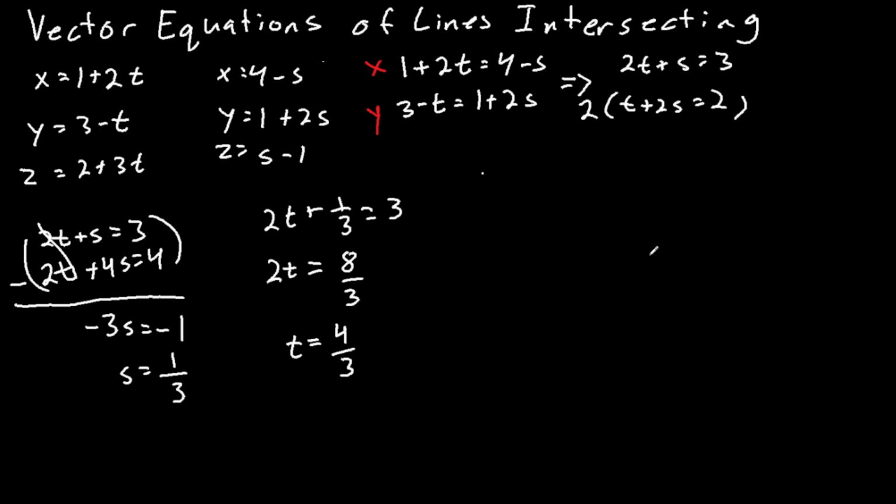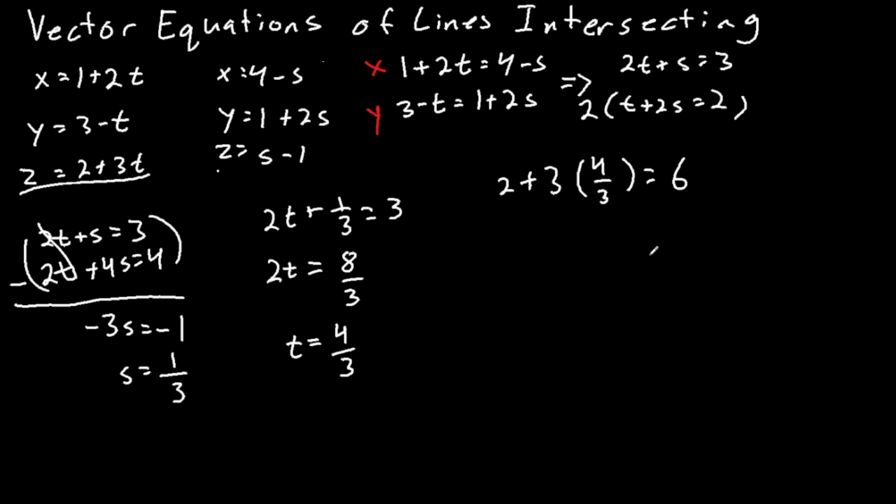So let's use this one first. So 2 plus 3t, with t equal to 4 over 3, is equal to, 3 times 4 over 3 is 4, 4 plus 2 is 6.